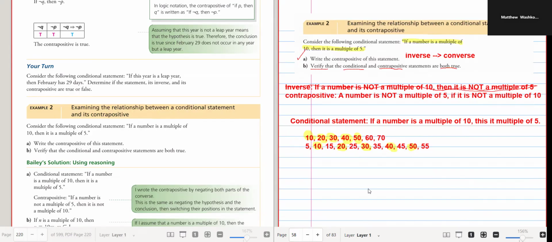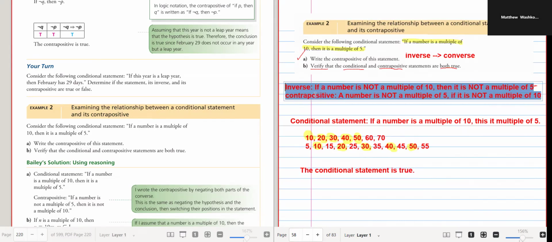Can you think of anything to disprove that? Is there a number that's a multiple of 10 that cannot be divided by 5? If P is true, is there a false Q? No, I can't think of one. So in this case, the conditional statement is true.